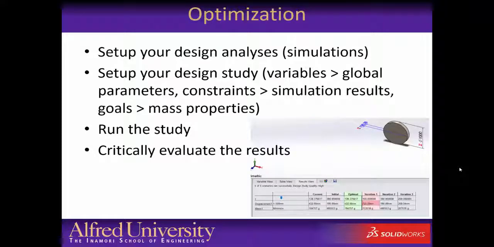It will then record the results of that simulation in your design study table, evaluate whether or not the constraints have been met, and then upon running all of the sets of iterations, determine which of those solutions that has met all the constraints optimizes your goal. It is then up to you to critically evaluate the results. Now let's go into SOLIDWORKS and see how this might be implemented.